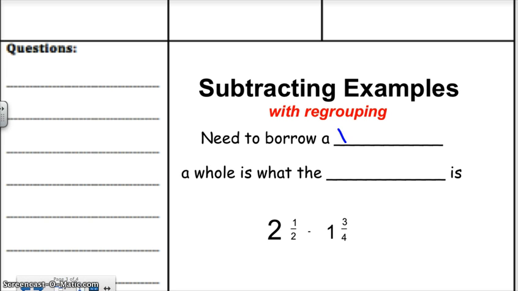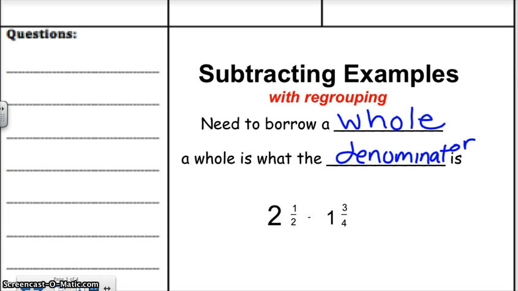We always borrow a whole. So the whole number is like, nope, you don't get part of me. I don't want a fraction on my side. You keep fractions over there, okay? And a whole is whatever the denominator is. A whole is always whatever that denominator is, okay?